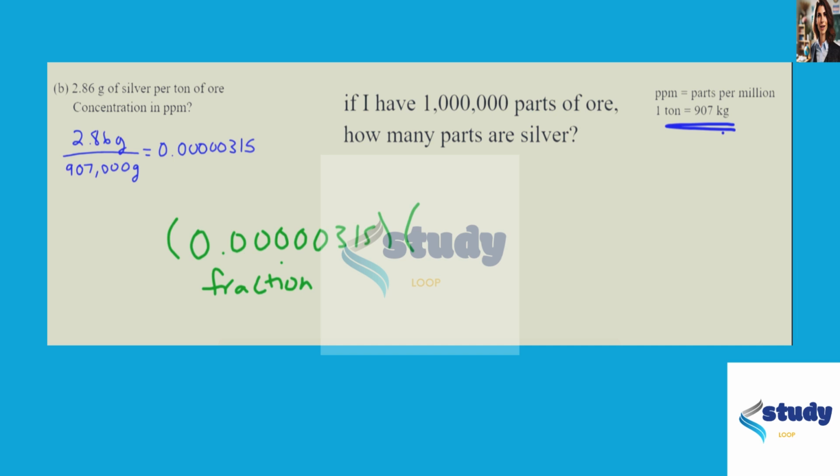I'm going to multiply it by the whole, which is 1 million, or 10 to the 6. So this is the whole. And when I multiply the fraction by the whole, I'm going to get the part that is equal to just silver. And so when I do that, I get 3.15. I'm going to write that as ppm, parts per million, of silver.